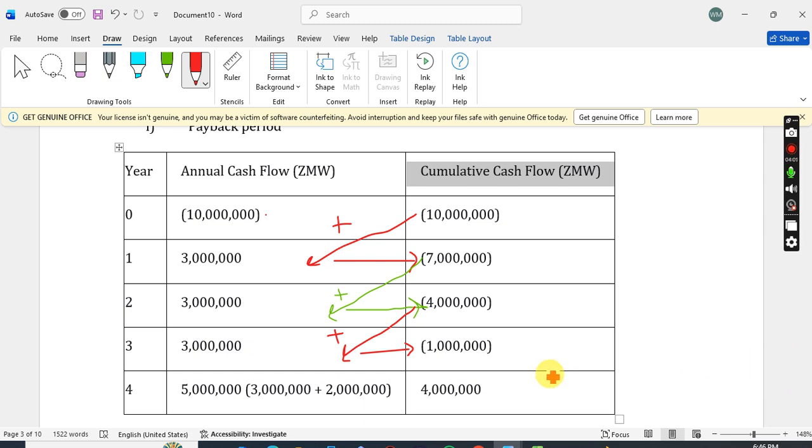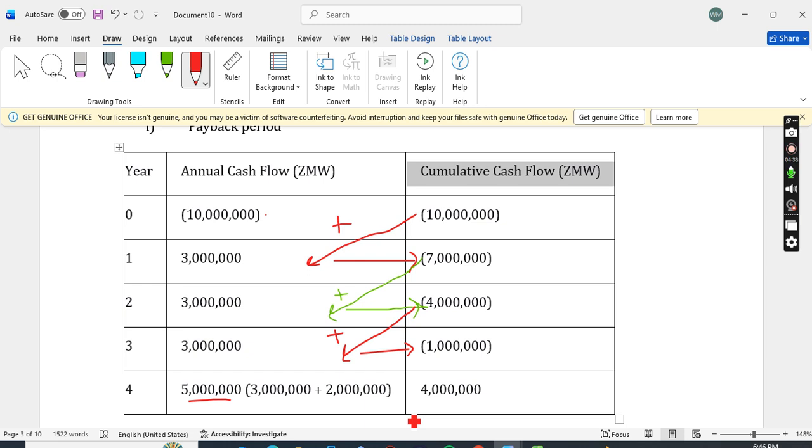Then you go to year 4. Colleagues, do you know why I've put 5 million here instead of 3 million? In the question, they told us the terminal value at the end of year 4 is going to be 2 million. Terminal value is just how much the investment is worth after a specific time period.